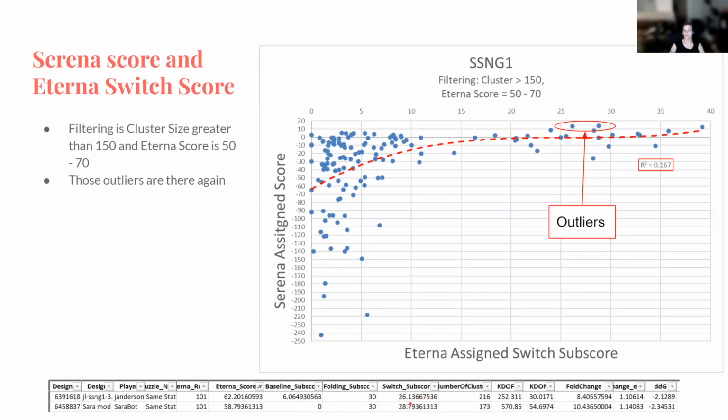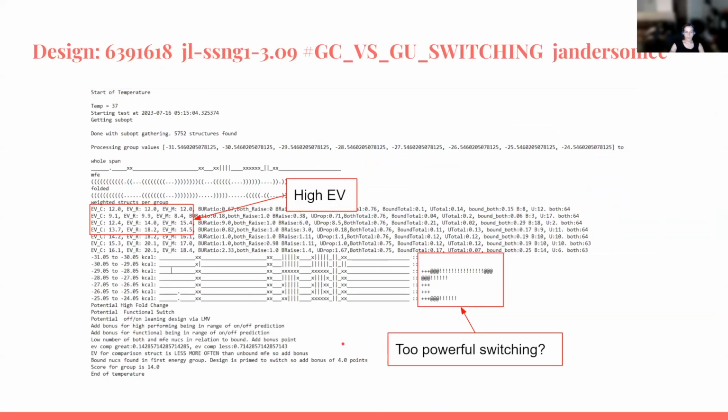Why are these behaving the way they are? Well, Serena says high EV, and it's way too powerful of a switch. It does nothing but switch. It can't stay folded. And because it has a high EV, it's not going to be very stable. So it falls apart. And see, 14 is really high.